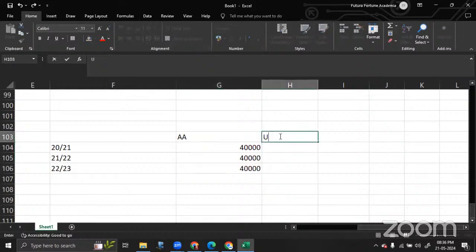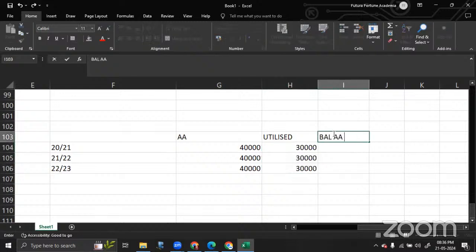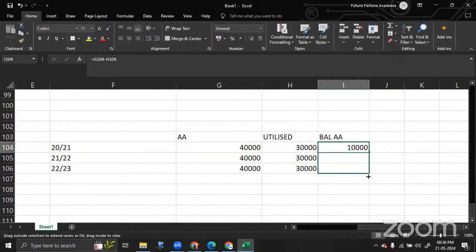Out of which you have utilized, in all these years, there was a personal pension contribution from your side and your employer side. So your balance AA in all these years was 10,000. This 10,000 can be carried forward.